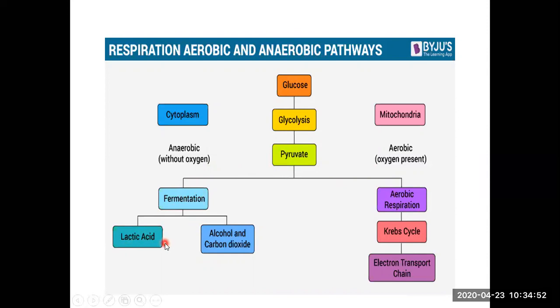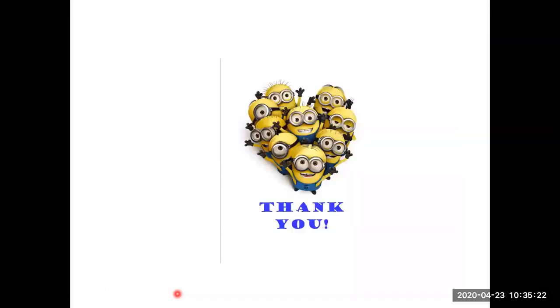In lactic acid fermentation, pyruvate gives us lactic acid, while in alcoholic fermentation, pyruvate gives us alcohol along with carbon dioxide. Another important point is that lactic acid fermentation takes place in our muscles and in different animals, and in yeast as well, while alcoholic fermentation takes place by yeast also, and carbon dioxide is produced as a product.